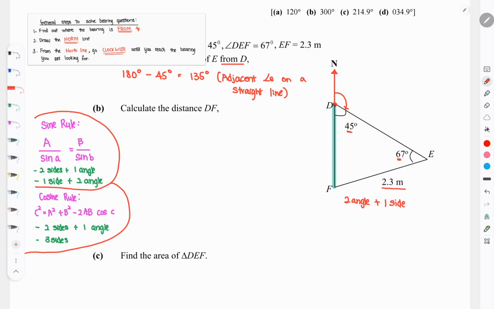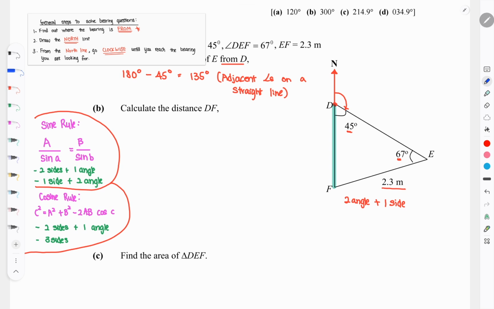Alternatively, in a triangle, since I have two angles, I can also find my last angle. But in this case, it doesn't matter because I don't have to use this last angle. Either way, if I have two angles and two sides, I can still use my sine rule, and I still wouldn't be using my cosine rule.